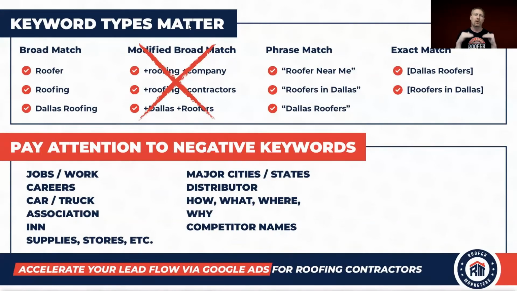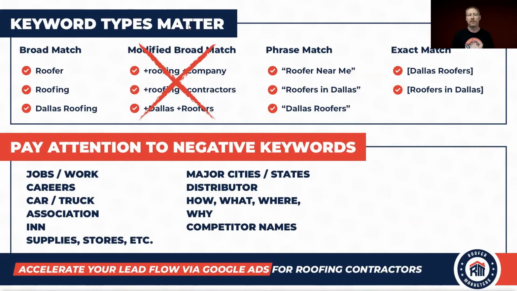And so in these, if you put roofing as your keyword, broad match, what you're telling Google is show my ad to anyone that types anything into Google that you think is related to roofing. So some of those things might be buy shingles near, roofing supply store, right? So letting Google have some rope on that, you're going to get things that are not within what you're actually looking for, right?